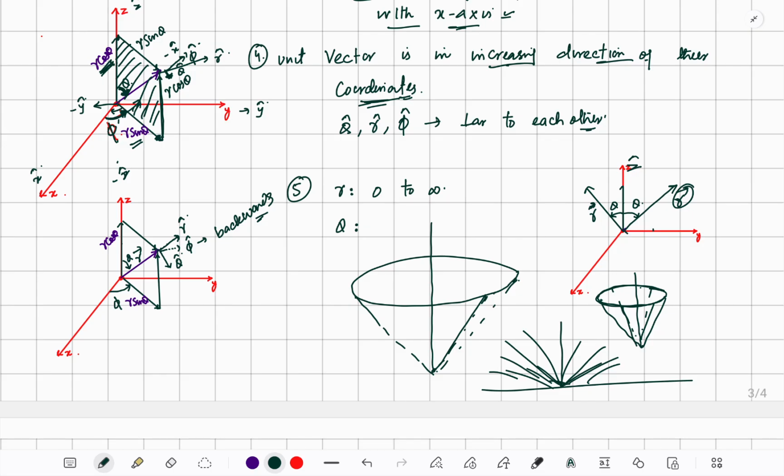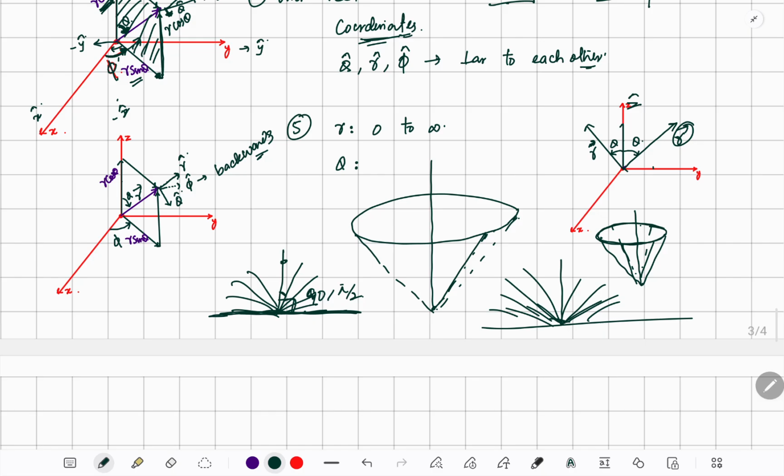Are you able to imagine? Initially it was here, then it will increase, increase, increase. So at this stage the umbrella is fully open, and the angle made is 90 degrees, or pi by 2 radians. Okay, and let's assume the umbrella has been made in such a way that it opens in the reverse direction as well.